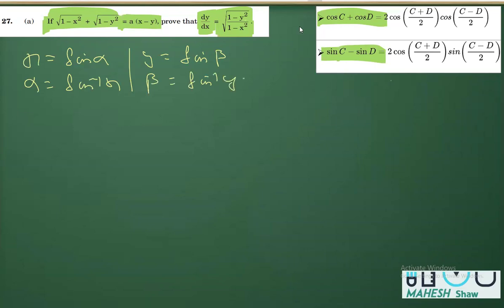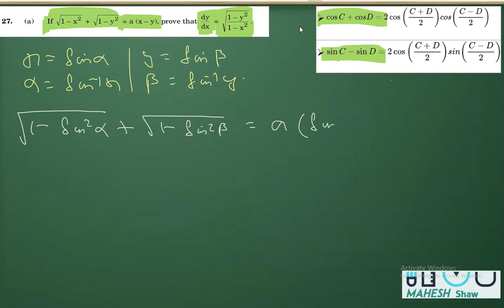Now, if I do so in the question, our question changes to: on the left-hand side we get under root 1 minus sine square alpha plus under root 1 minus sine square beta is equal to a times, for x I'm replacing with sine alpha, minus sine beta.